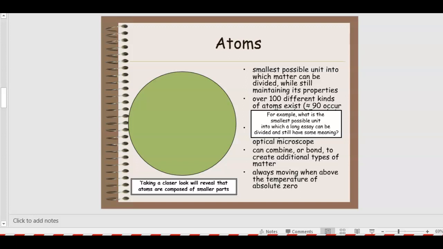So the first thing we talked about way back when in August is that if you look at everything on our planet, it's made up of something, whether it be biotic or abiotic, and that something would be atoms. And atoms are the smallest possible unit of matter. Now, if you go back to what matter is, we said that earlier, matter is anything that has volume and mass.